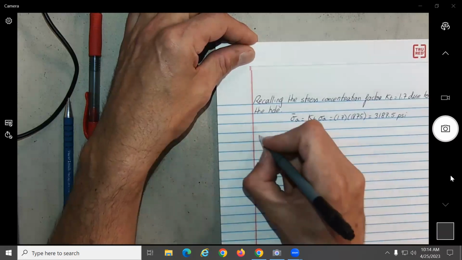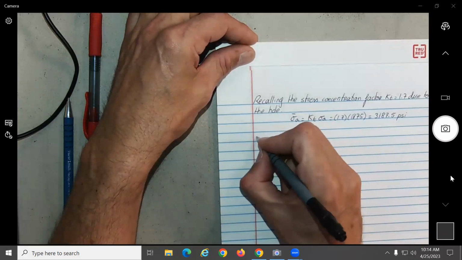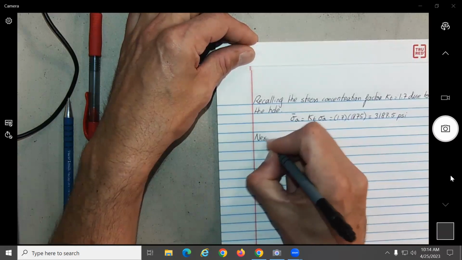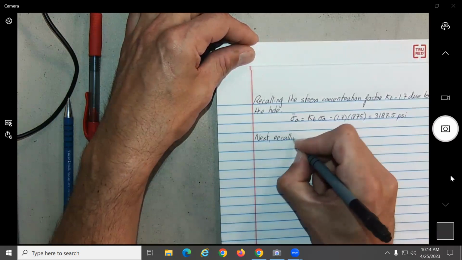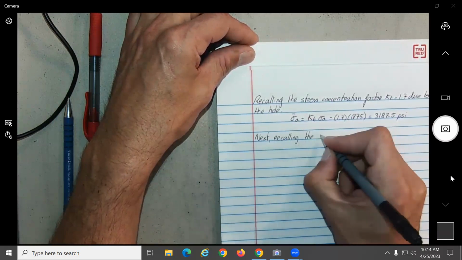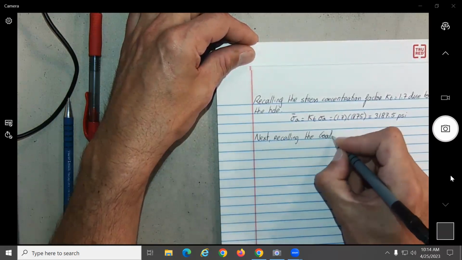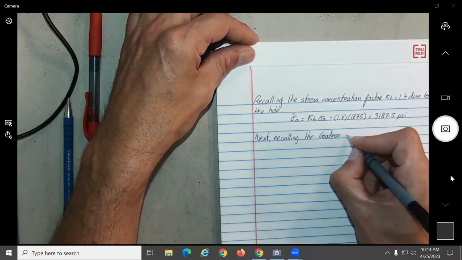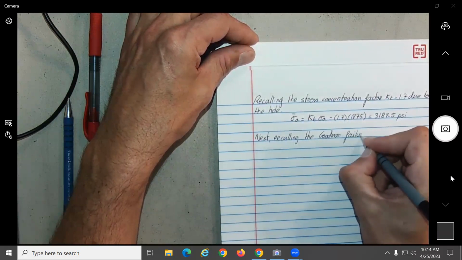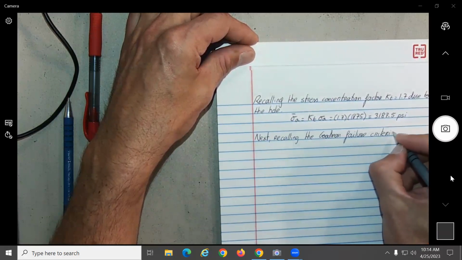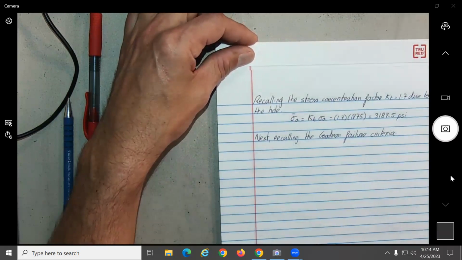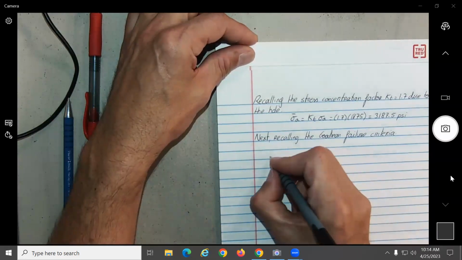Okay, and let's say one more time now. Next, we call the Goodman-Taylor criteria that we defined at the beginning, which is what?